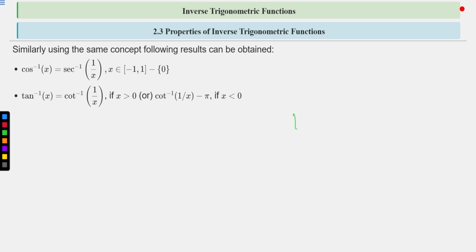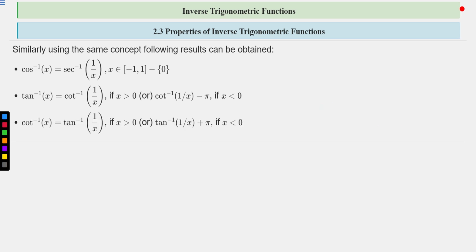That is, suppose tan inverse 5 will be equal to cot inverse 1 by 5. Got it? But tan inverse of minus 5 will be equal to cot inverse 1 by 5 minus pi. You can write this. Okay.